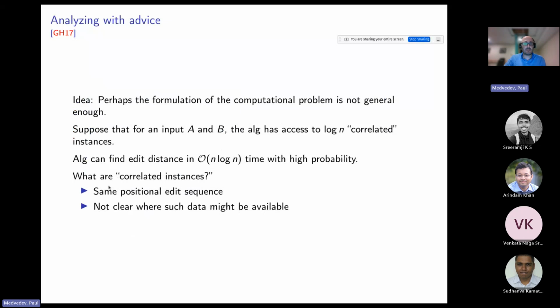The correlated instances are pairs where the positions that are matched and edited, those sequence of positions are correlated to the ones in A and B. And yeah, so I don't know if that's the kind of thing we could get in reality.